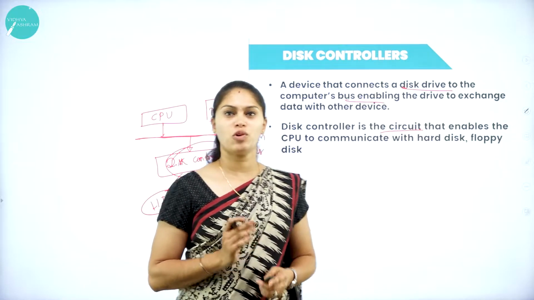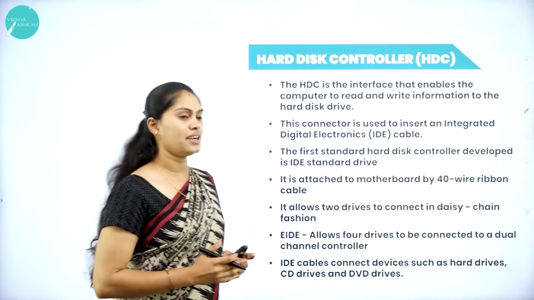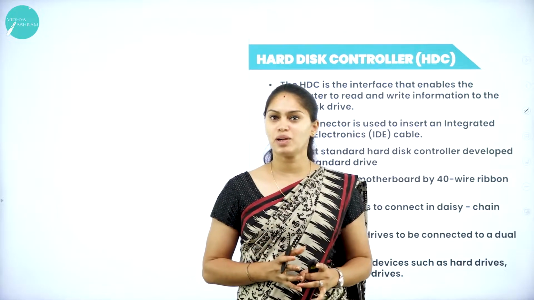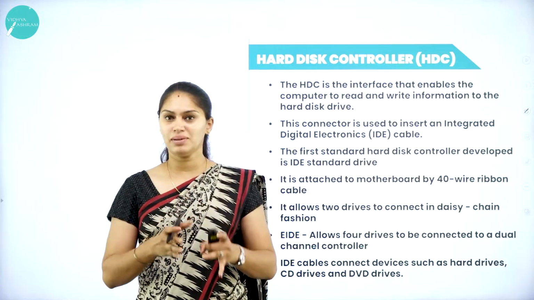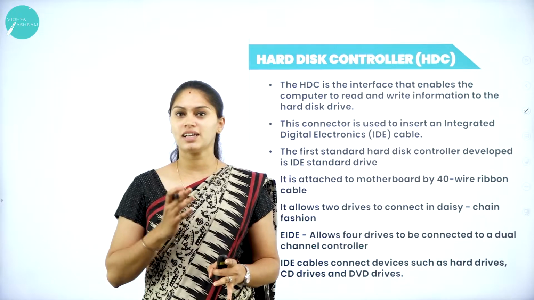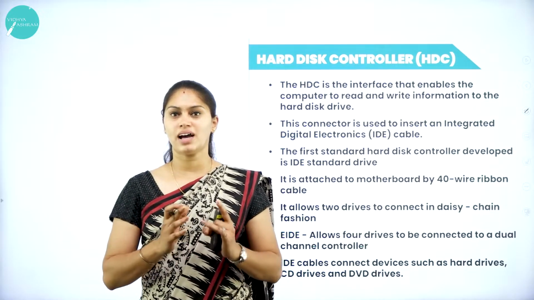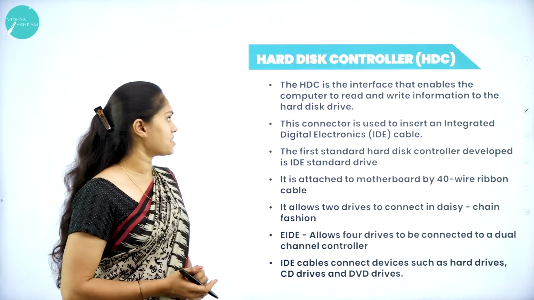So let me see what you mean by hard disk and floppy disk. Coming to the hard disk controller, as the name indicates, a controller means there will be some controlling, and some standards that have to be followed. It controls and coordinates the data transfer between a computer system and the hard disk. Let's see the points regarding this hard disk controller.